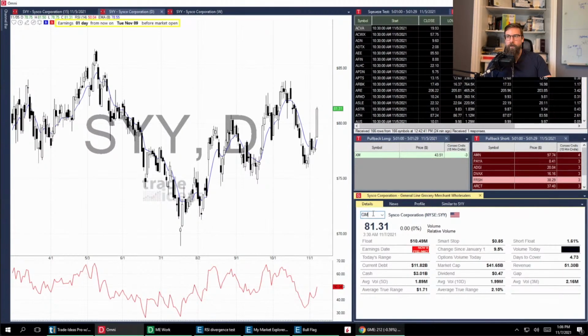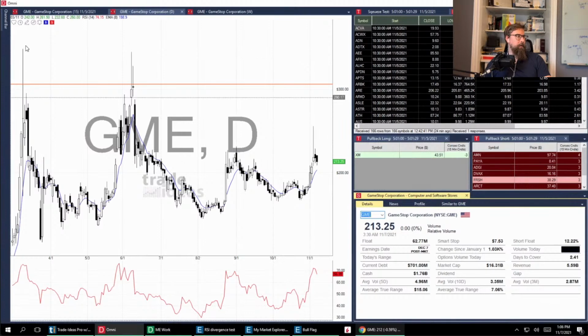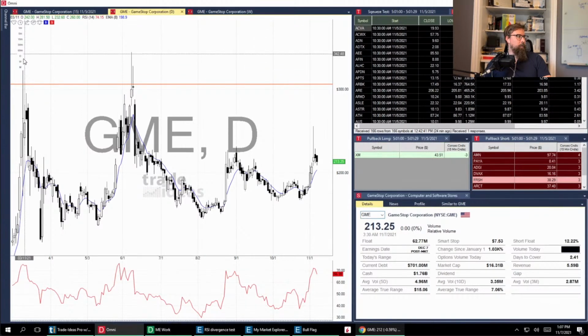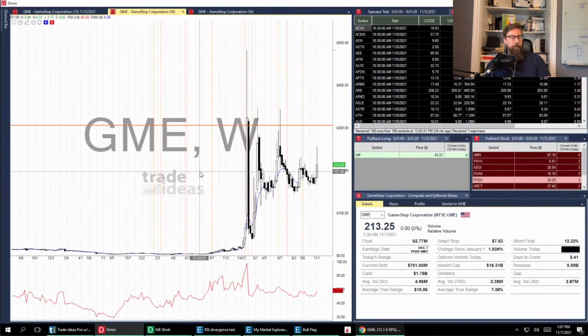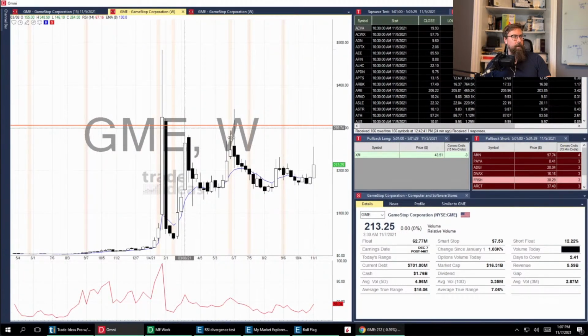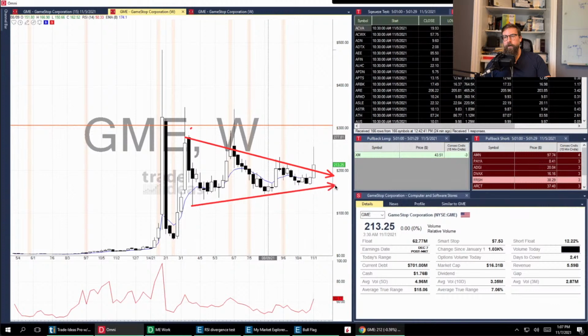If we go in here and then we look at the weekly, I was just looking at this consolidation that was happening here on the weekly. We had this wedge occurring right here. So I was just looking for it to break out of this wedge and then continue higher.